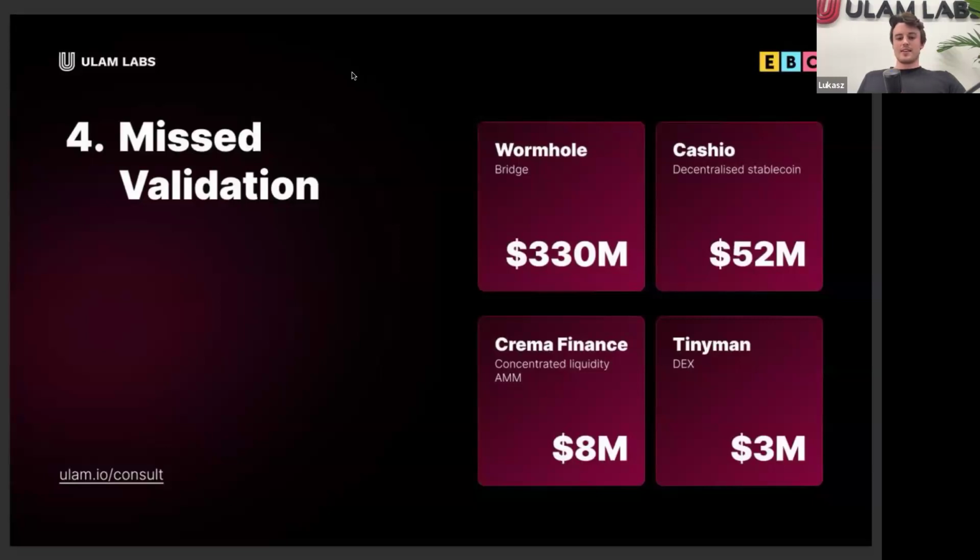And the last one here is Tinyman, which was a decentralized exchange on Algorand this time, but a very similar situation happened. So basically here, the smart contract allowed you to withdraw from a liquidity pool. Let's say you have USDC and Bitcoin.